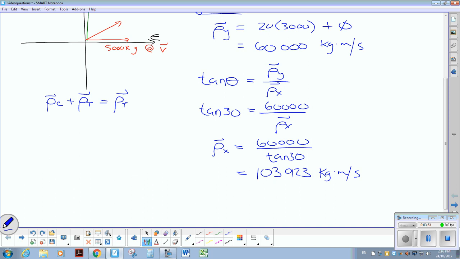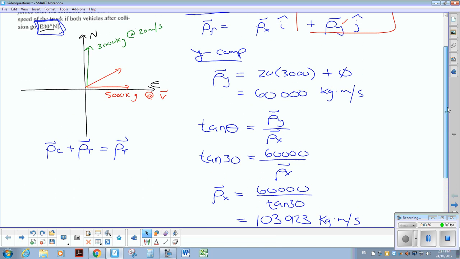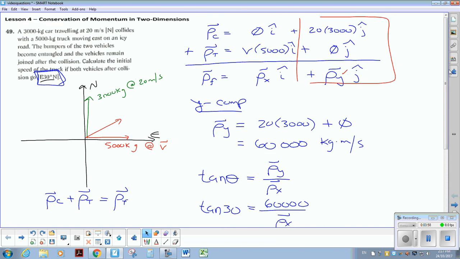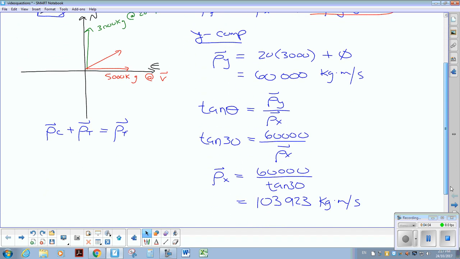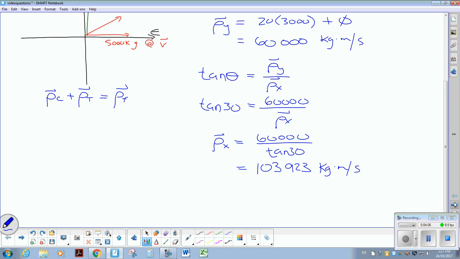Now going back to the original stacked addition, I now know that value, so there's only one unknown left. Now I can look at the x component, the value that I wanted to find. So the momentum in the x equals v times 5,000, and I'll put the plus 0 in for emphasis.